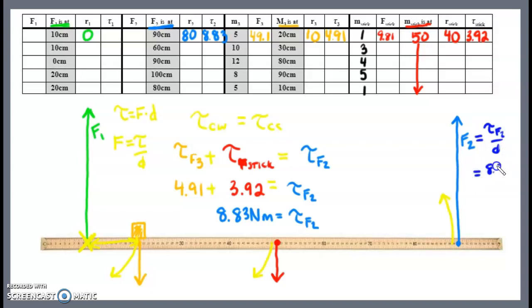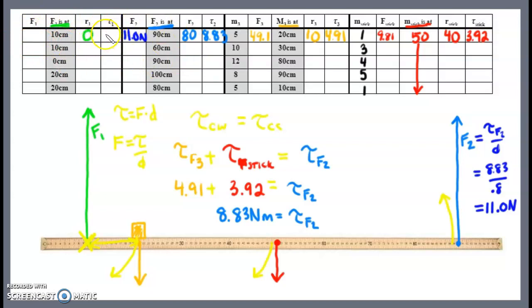That's going to be 8.83 divided by our distance, our radius here, of 0.8. So 8.83 divided by 0.8 gives me 11.0 newtons. Okay, so now the last step, I just need to figure out this part here.